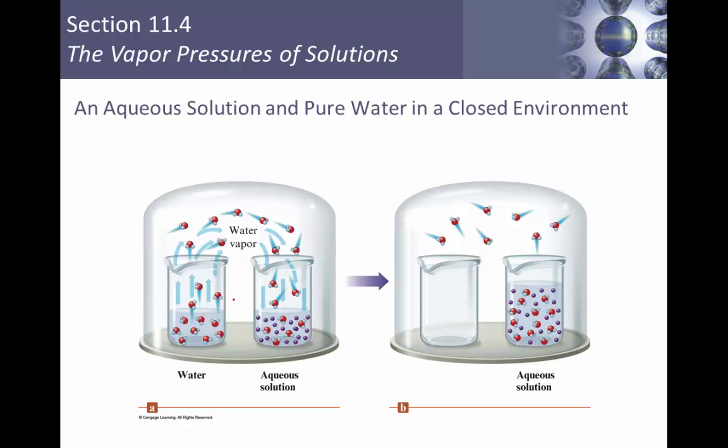Eventually, over time, all of that water will end up in this container, as you see in this visual. And it's all because the solute dissolved in this solution is lowering the vapor pressure. So that's the idea of trying to reach equilibrium and have equilibrium established. That's how that works.